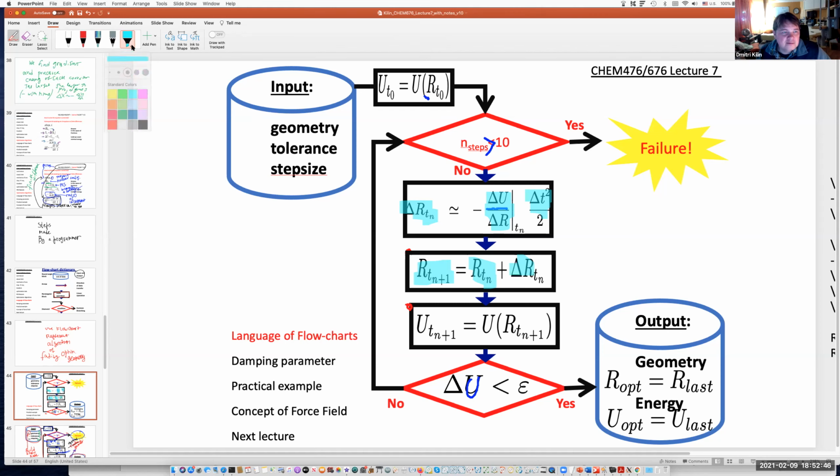And then as soon as we know the new incremented position, we can use it to compute the new value of energy. And then we repeat this procedure again and again, hoping that through this algorithm, we will approach the minimum.